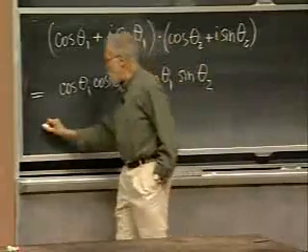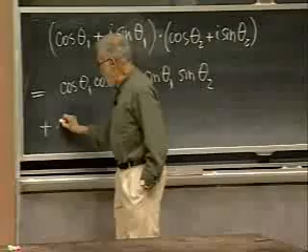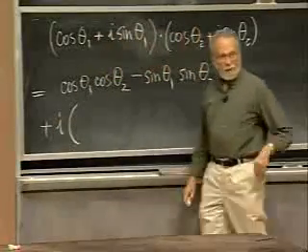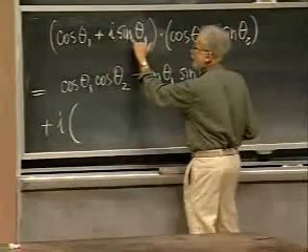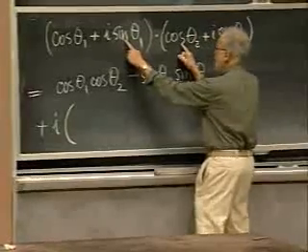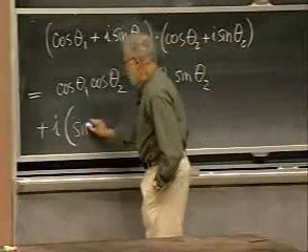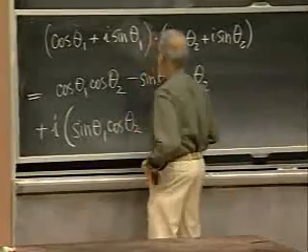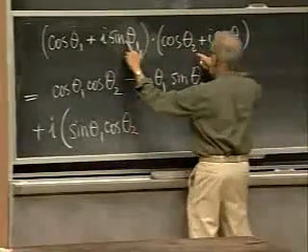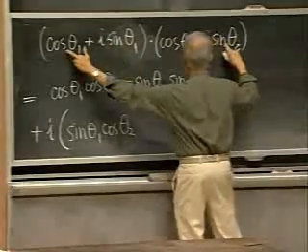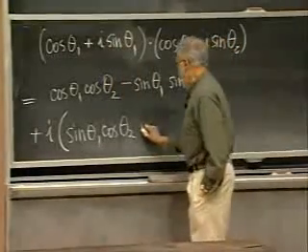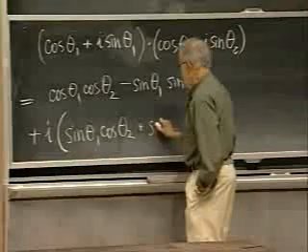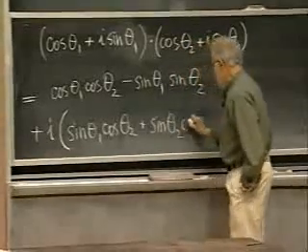And then the imaginary part, I'll factor out the i, and then what's left I won't have to keep repeating the i. So it will be sine theta 1 cosine theta 2, and the other factor will be cosine theta 1 sine theta 2 plus sine theta 2 cosine theta 1.